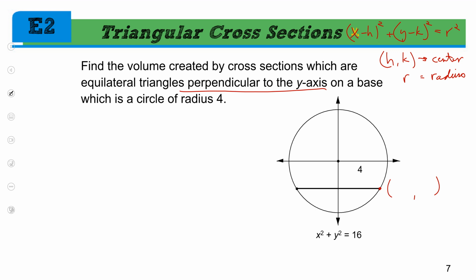Now that you've done that, I highlighted a point on that circle. It's any random point, it doesn't matter. What are the coordinates of that random point? I'll give you half of it.